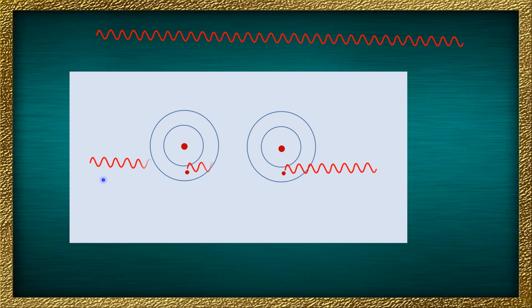That's why, in the same transparent material, the speed of violet color is less than the speed of red color. For that reason, the refractive index of violet color is more than the refractive index of red color light.